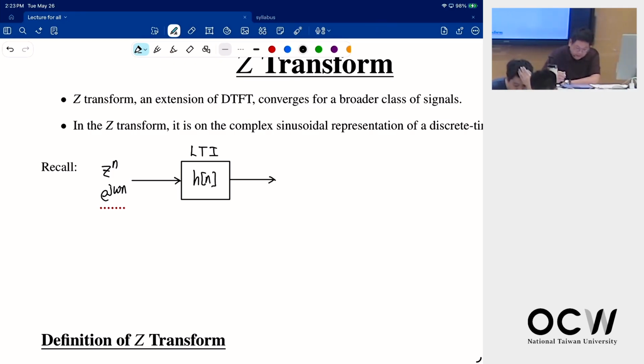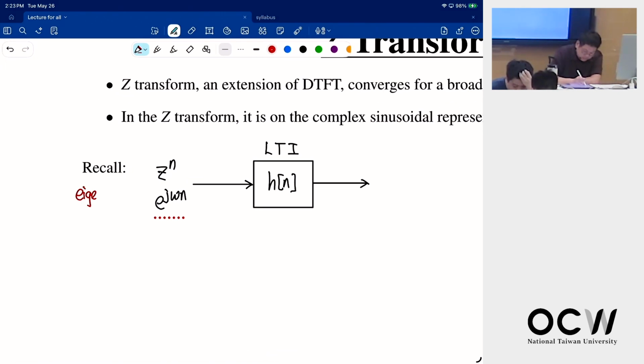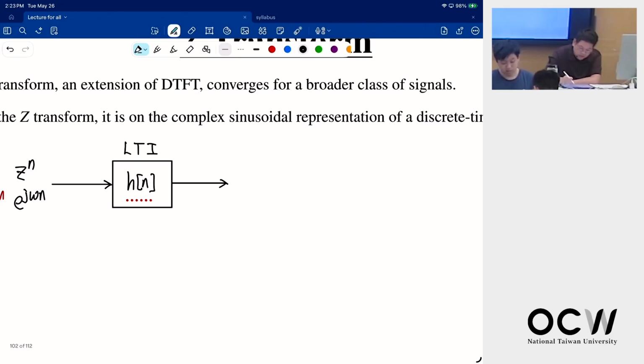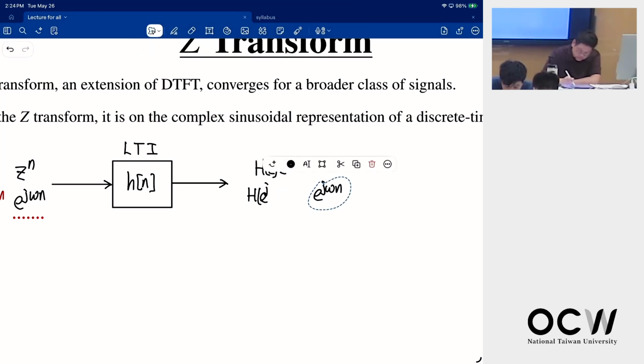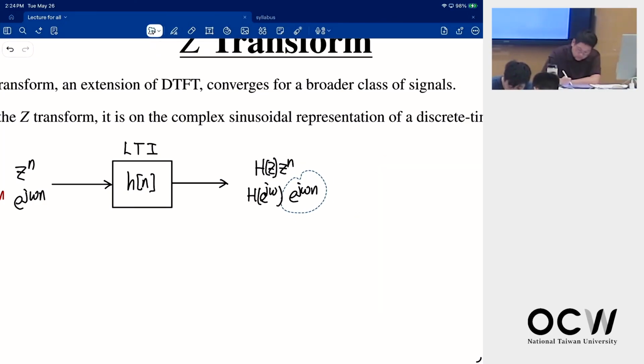Because this is an LTI system, and those are the eigenfunctions, the output is still z to the n and e to the j omega n, but I have the eigenvalue, a coefficient, times this complex exponential.